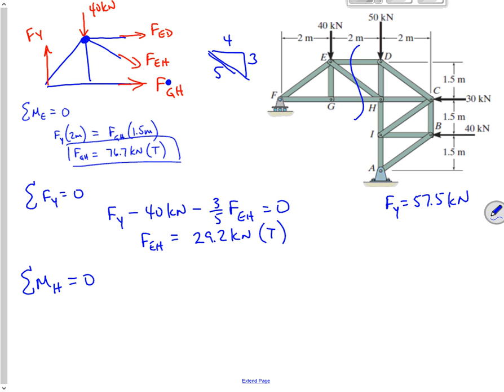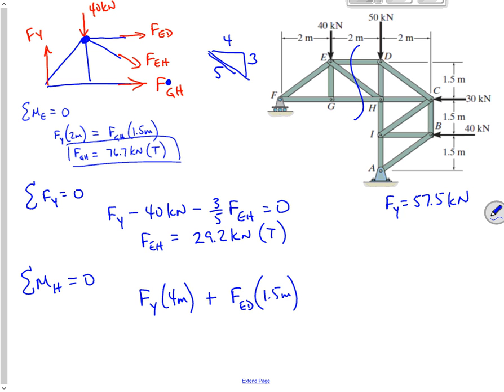So clockwise rotation, so I get Fy, which is 4 meters from H, plus FED times 1.5 meters.